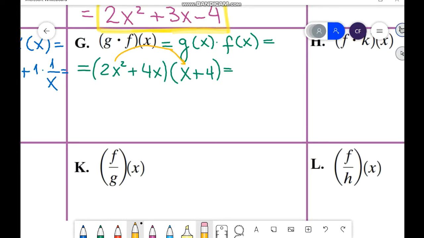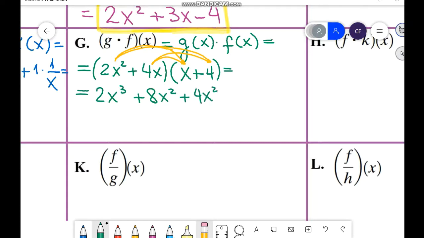First, outer, inner, last. 2x squared times x is 2x cubed. 2x squared times 4, 8x squared. 4x times x, 4x squared. And 4x times 4, 16x.